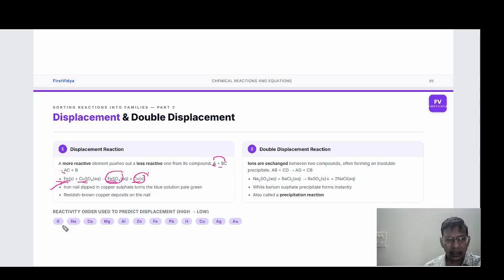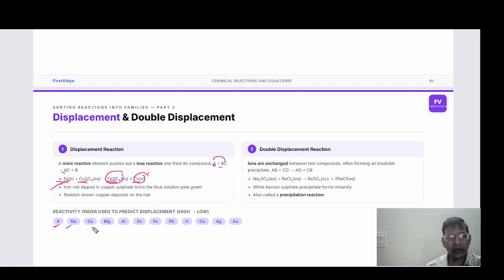So we can see here that Fe is replacing copper. So obviously Fe is more reactive than copper. So this is very important from the exam point of view. Reactivity hierarchy we can see here. Potassium is the most reactive.